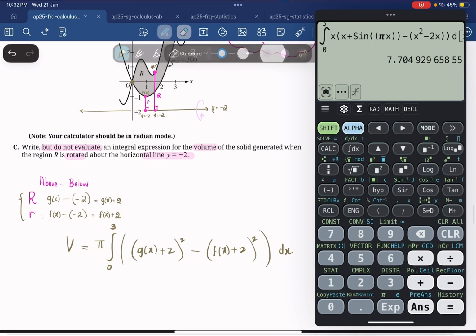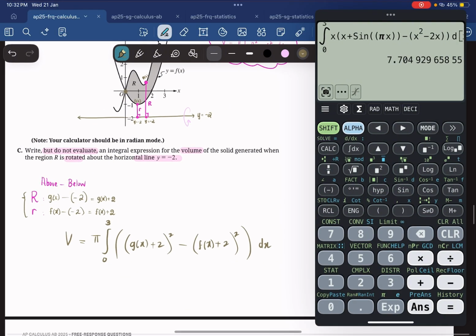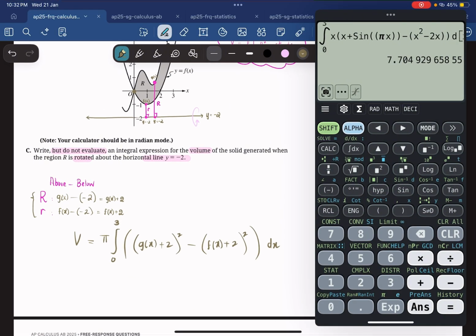Okay, this is just a bracket, not an absolute value, so as simple as that. That should be your final answer. They only want an integral expression.